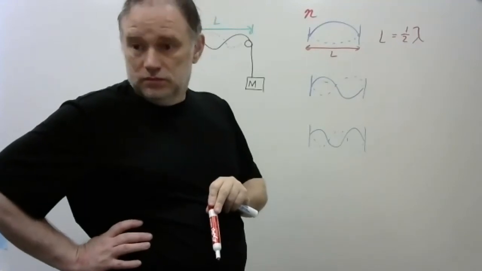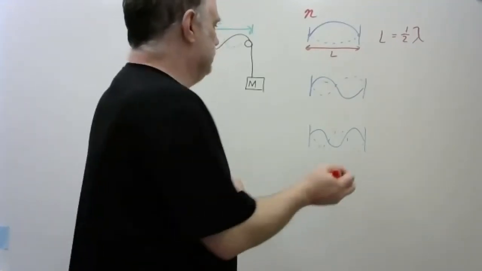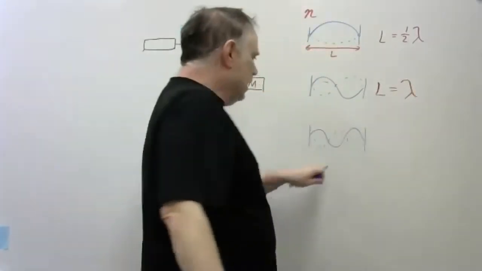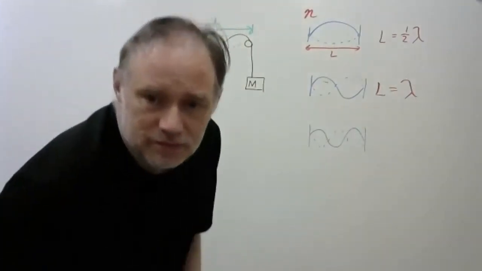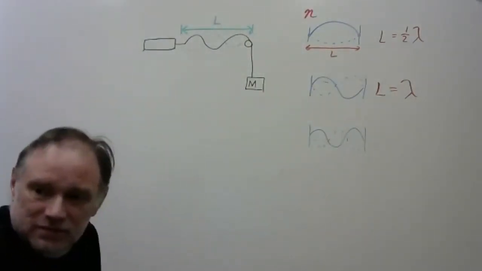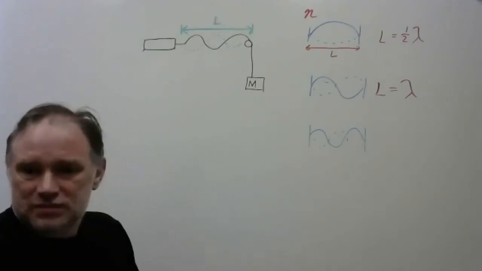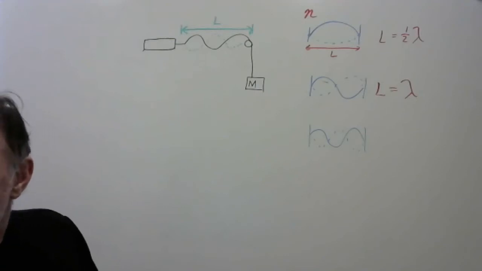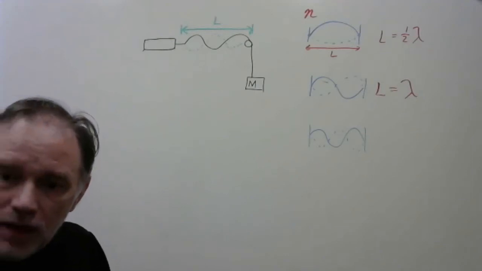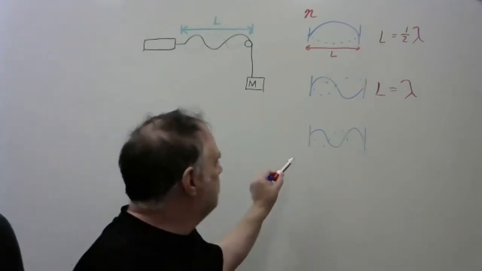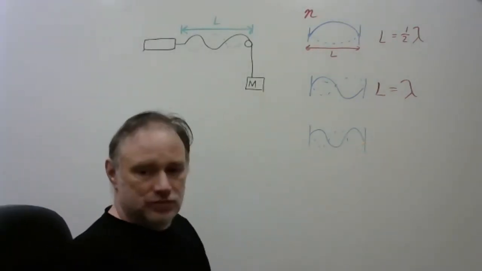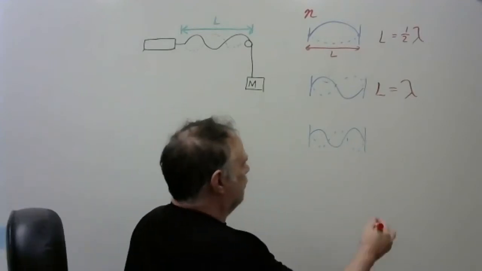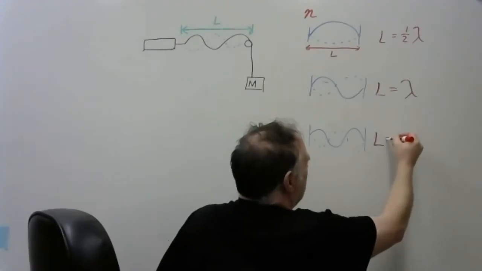Yeah, we've got the whole wavelength. So L equals 1 wavelength. How about for n equals 3, what do we have? 1.5. Yeah, we have 1.5 waves. So for n equals 3, we have 1.5 waves.